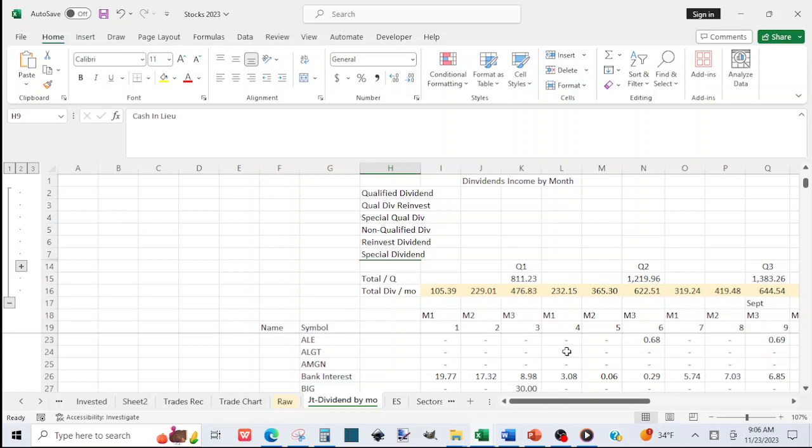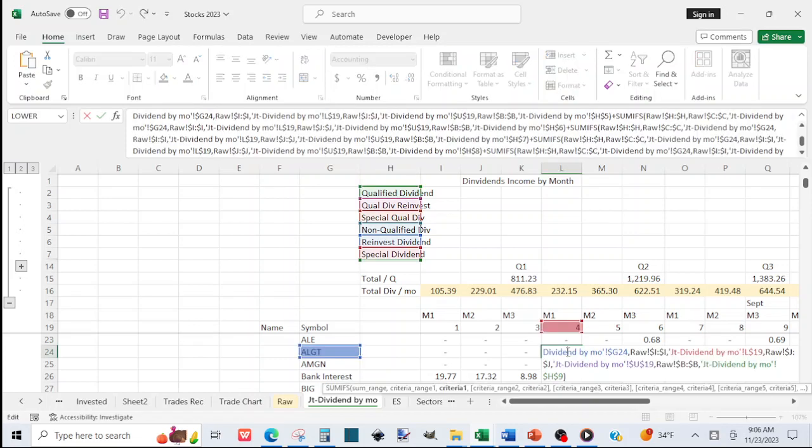And then you can just set some formula to pull data from your data tab to your dividend by the month tab for you.